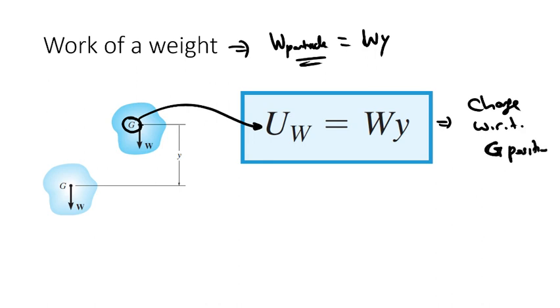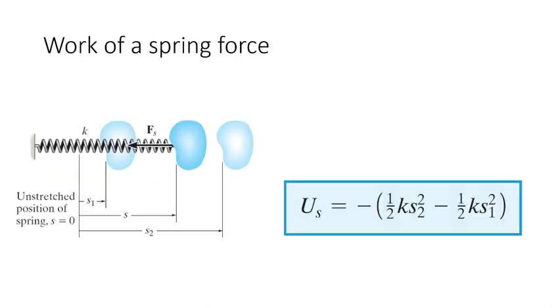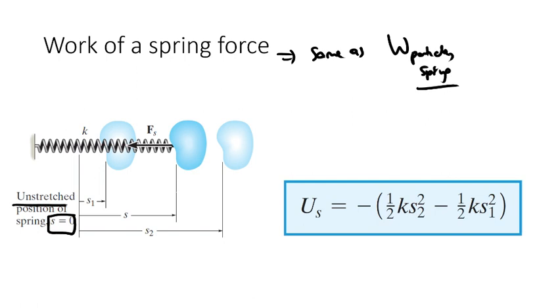Then we have the work of a spring for a rigid body, the same as the work of a particle case. It is 1/2 k s2 squared minus 1/2 k s1 squared. And notice that s is 0 at the unstretched position.